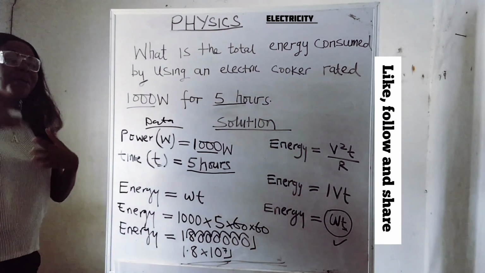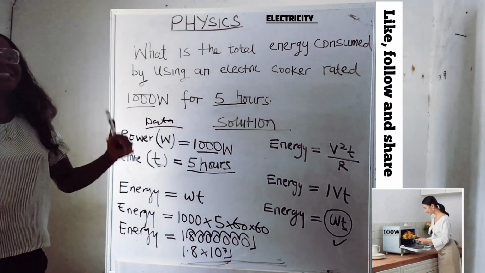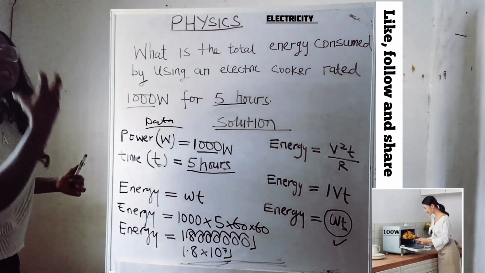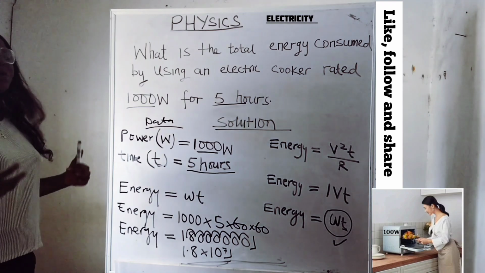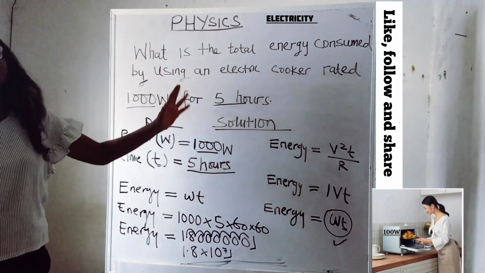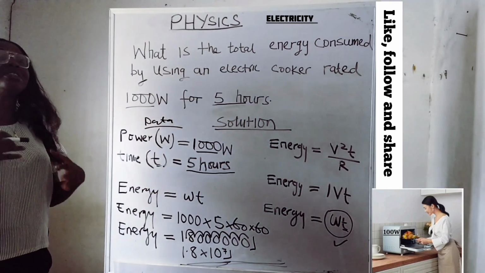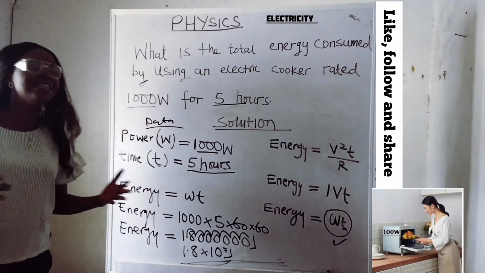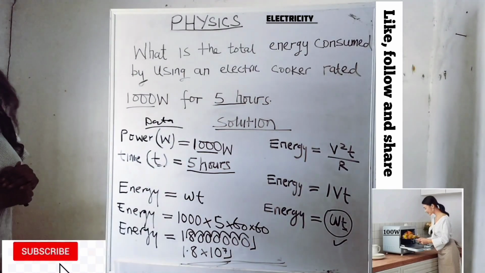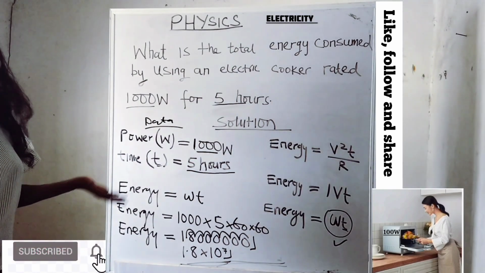That is why sometimes in our homes, when somebody plugs in all these electric appliances, you observe that the voltage level tends to drop, because most of these appliances draw a lot of energy to themselves. They tend to consume a lot of energy. So physics is all about our daily life activities.